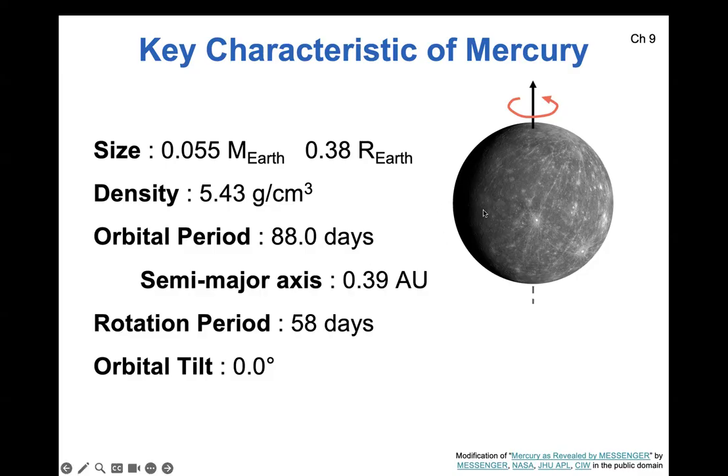But with Mercury, it ends up being not that simple, because the reason that that works for the moon, where we can just take that long rotation period of almost 30 days and cut it in two to find out how many days there are of sunlight and how many days of darkness, is because the moon is orbiting Earth, and Earth orbits the sun with an orbital period of 365.25 days.